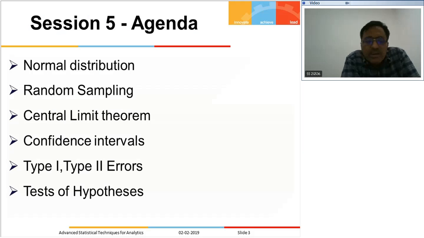In estimation, we find confidence intervals, and when we do estimations there is a possibility of inviting errors. That is nothing but type 1 and type 2 errors, right. These are the topics that we are going to cover at max in today's class.